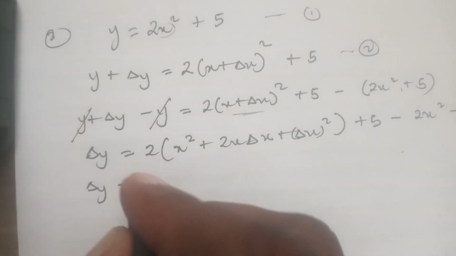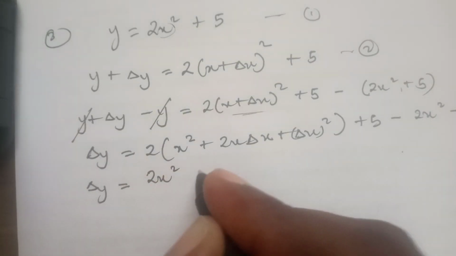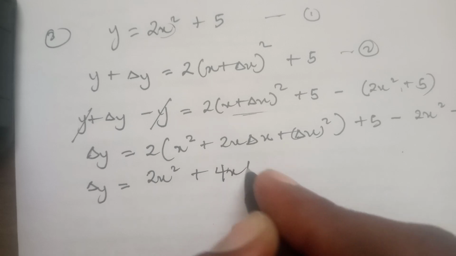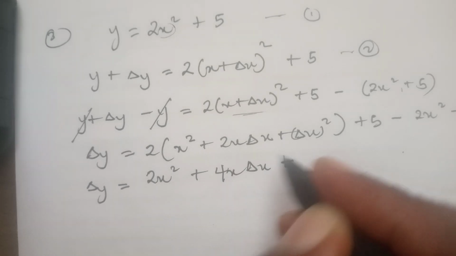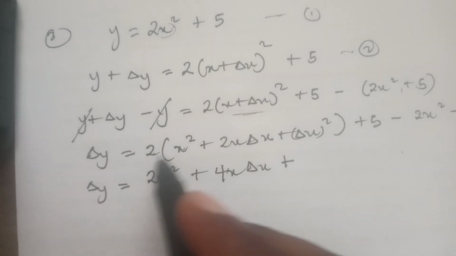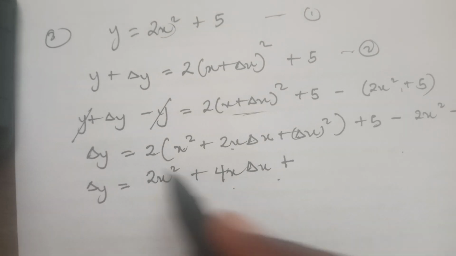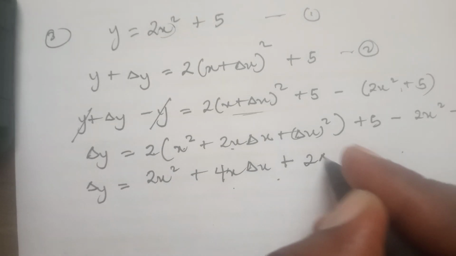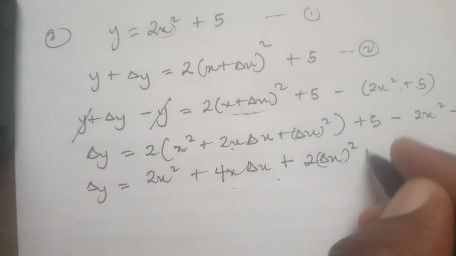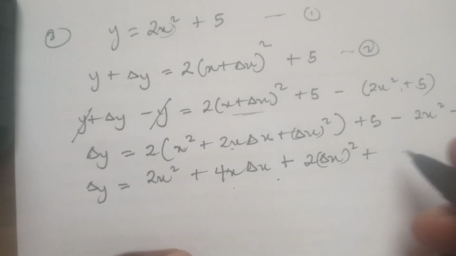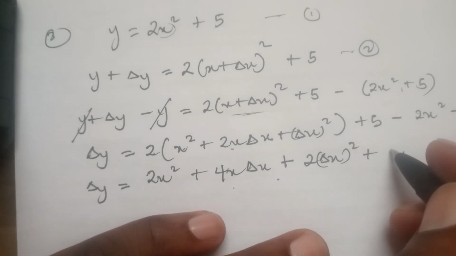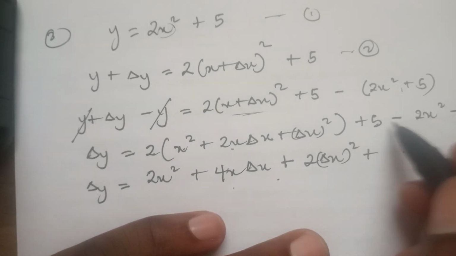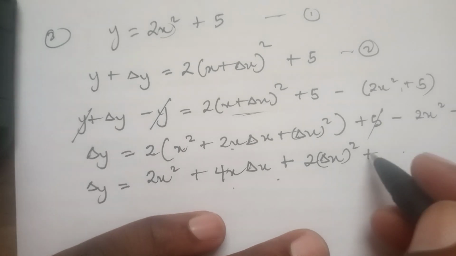We have 2x squared plus 4x delta x, because 2 times 2x delta x is 4x delta x, then 2 times this is 2 delta x all squared, then plus 5. This 5 and this 5 will cancel out each other.